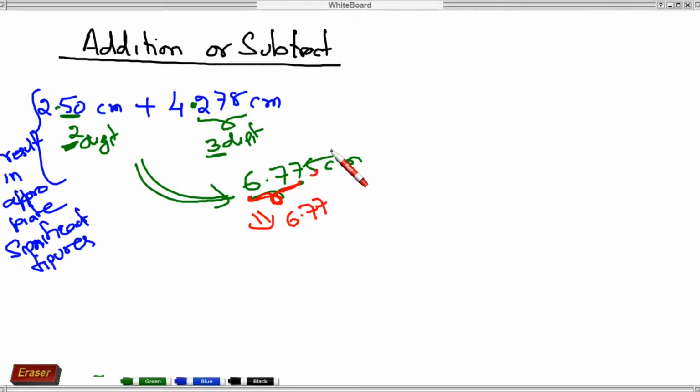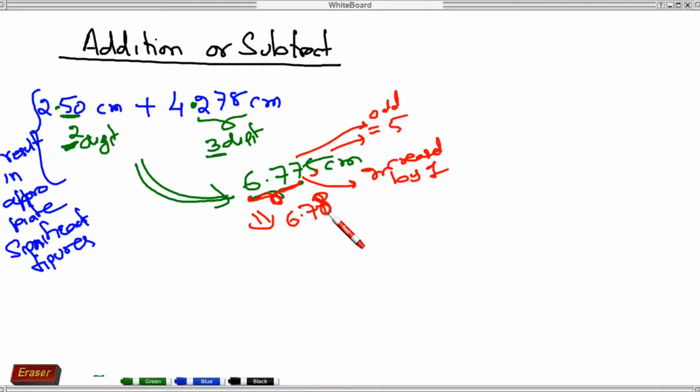Here the last digit is equal to 5, and after that there is nothing, and the previous one is odd. So this value will be increased by 1. So it will become 6.78.